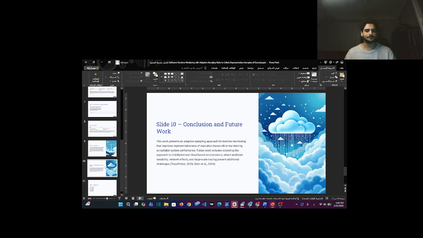As future work, the approach can be extended to distributed and cloud-based environments where workload variability, network effects, and large-scale tracing introduce additional challenges. Such extensions would further strengthen the practical applicability of adaptive sampling in modern observability systems.